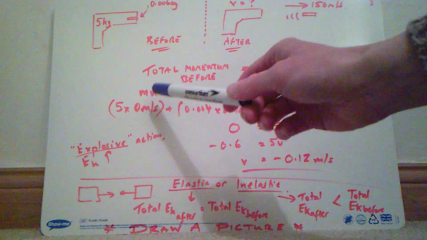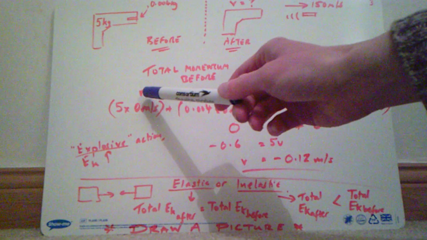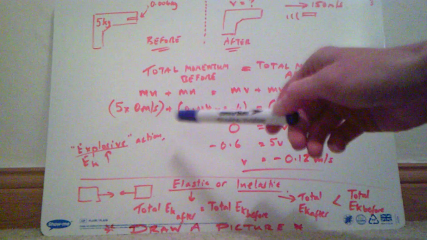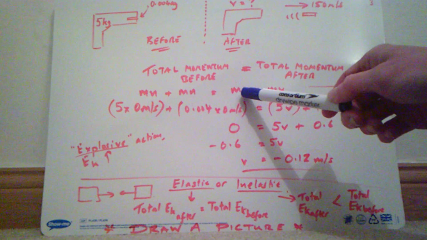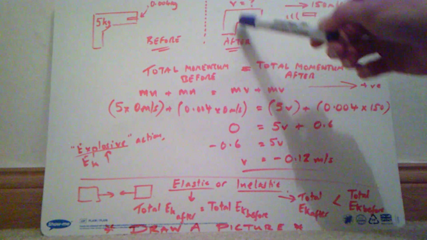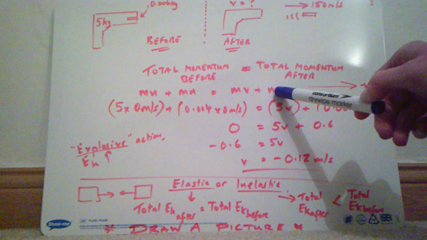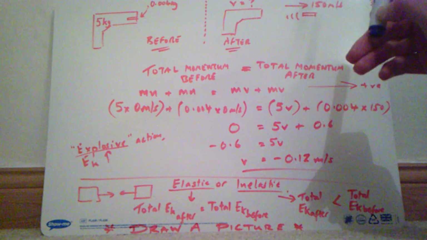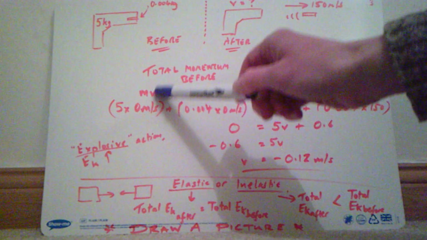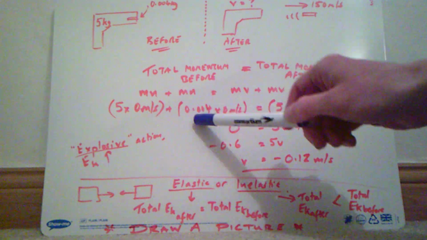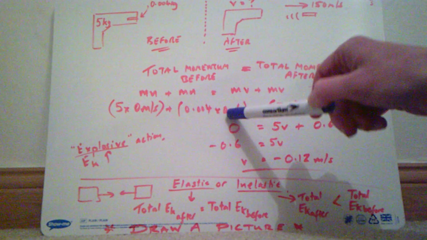So momentum before is going to be mass times the starting speed of the gun plus the mass times the starting speed of the bullet, and the momentum after is going to be mass times the finishing speed of the gun plus the mass times the finishing speed of the bullet. So the mass of the gun is 5, starting speed is 0, so 5 times 0, and then the mass of the bullet is 0.004 and the starting speed is 0.